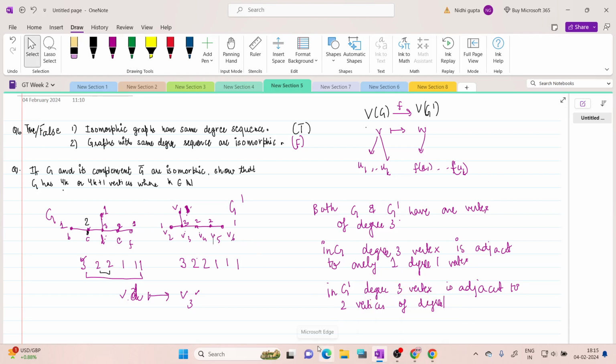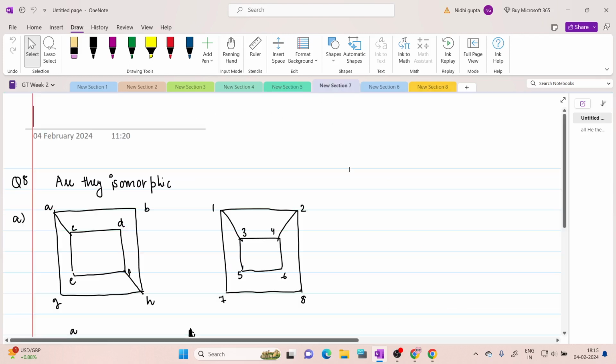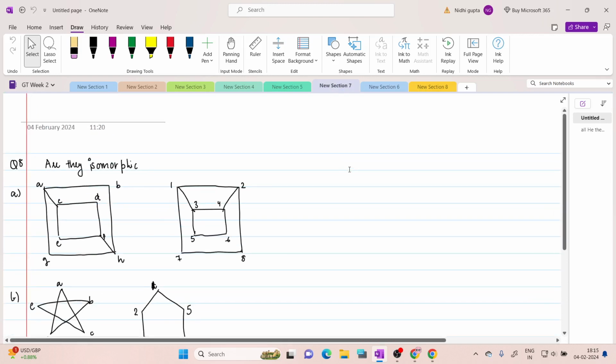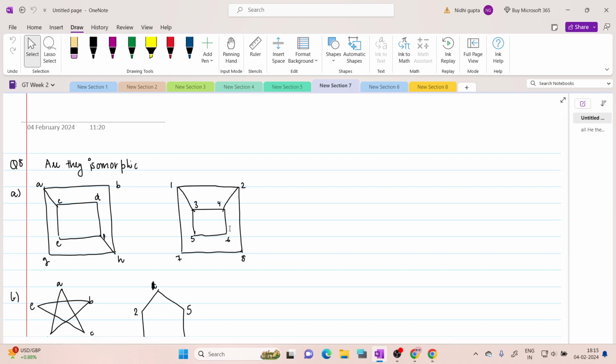So is this clear why these two are not isomorphic? Yes. Okay, before going to question 7, let's do more of these questions. So what about this? Are these two graphs isomorphic? No. Okay, so first, let's look at the degrees of each vertex.